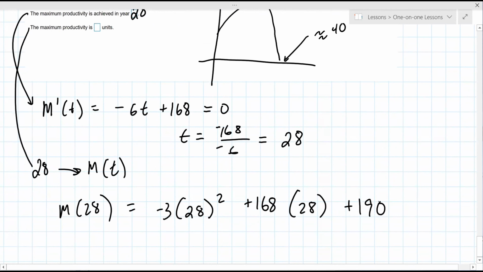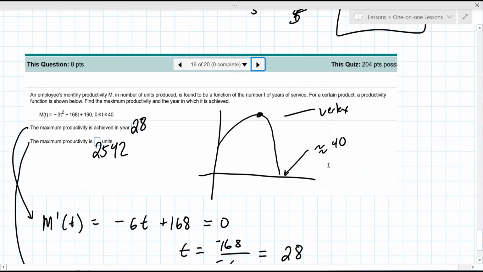Okay, I'll do that right now. 2,542. Sounds reasonable. If you had just graphed it, your vertex would have been 28, comma 2542. No calculus needed in this.